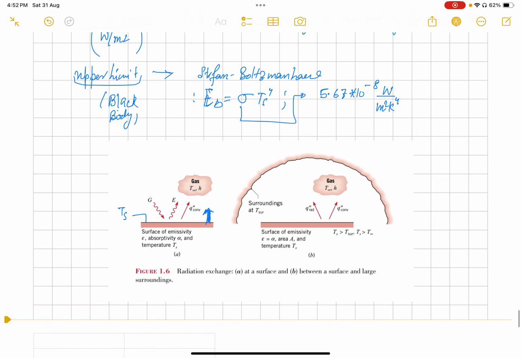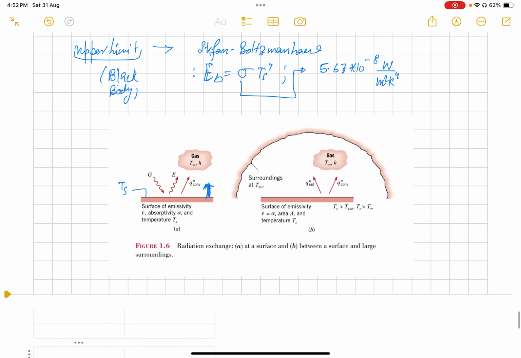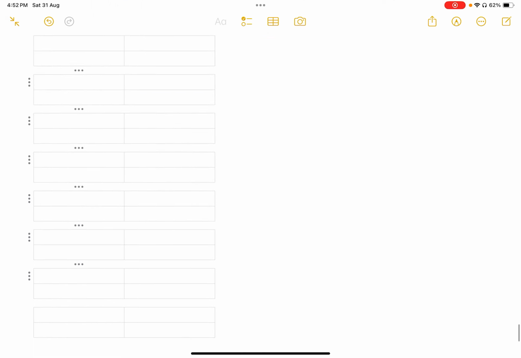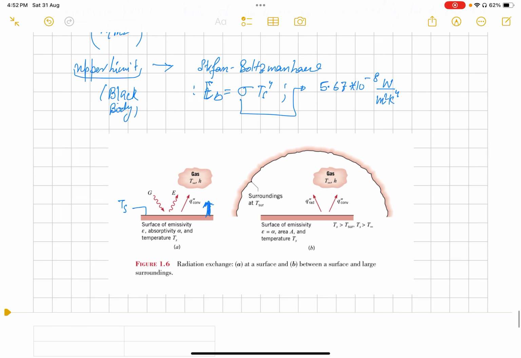Since this expression is valid only for black bodies or ideal bodies, we have to find the expression for a real body, which is found by correcting this formula by multiplying by a correction factor, which is nothing but the emissivity. So for a real surface, E is equal to epsilon sigma Ts power 4. Epsilon is the emissivity of the surface.